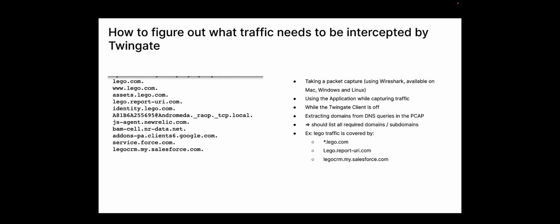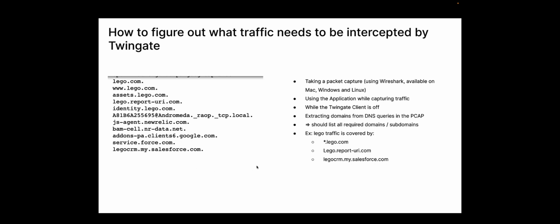Do what you normally do, connect to the backend application with Wireshark, and then take a look within the packet capture at all of the DNS queries. We can help you do this programmatically, by the way. This will give you a list of all the domains that were connected to by your computer and that may not actually be captured by Twingate.